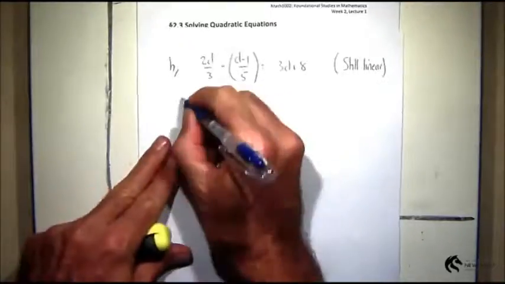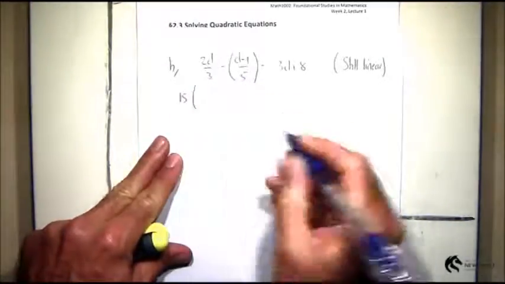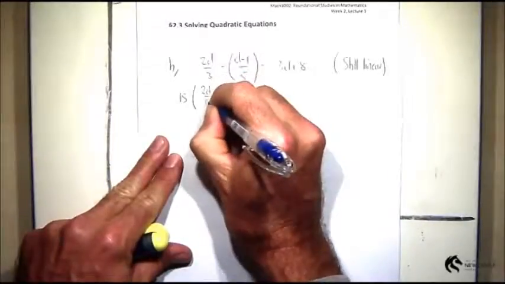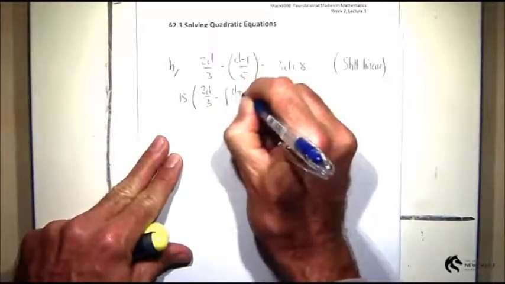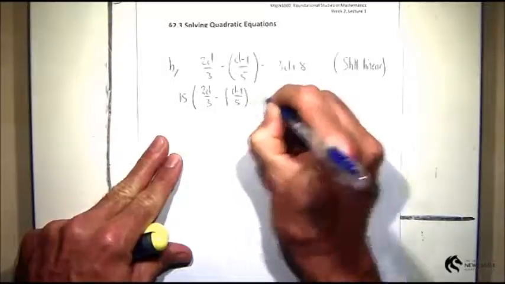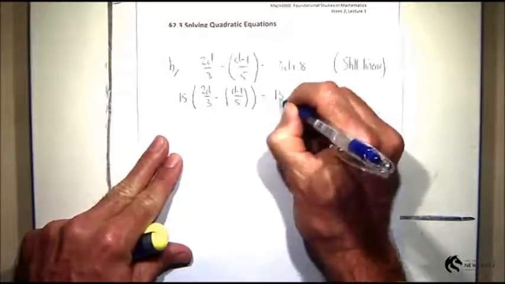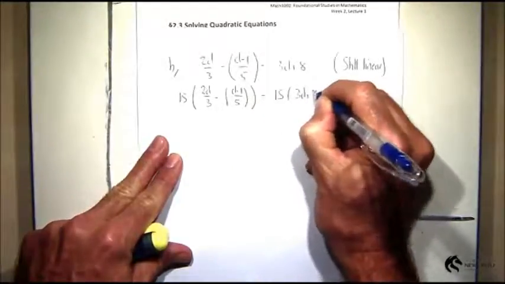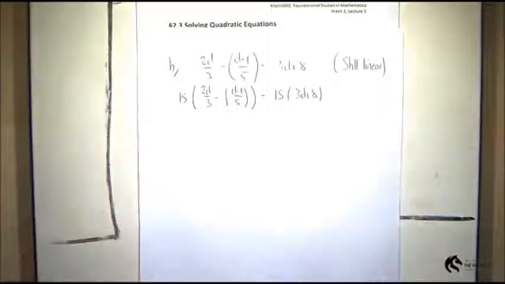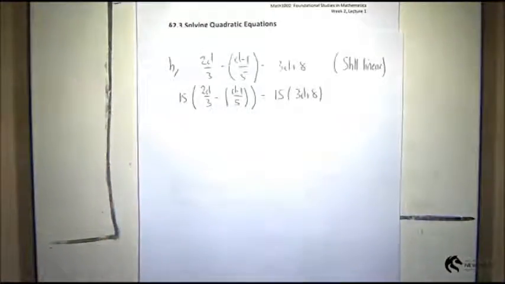So I have 15 times this whole lot, 2d over 3 minus d minus 1 over 5, is equal to 15 lots of 3d plus 8. I've multiplied both sides by 15.